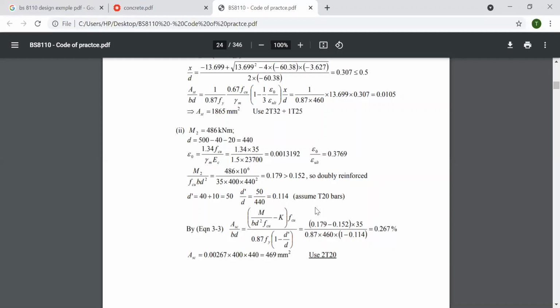By equation 3.3, As' is equal to b d squared fcu times K minus K dash. Then the minimum requirement has been satisfied. In a reinforced beam, the minimum reinforcement is 0.13% and the maximum 4%. In between, you can put whatever reinforcement you calculated based on the equation provided.